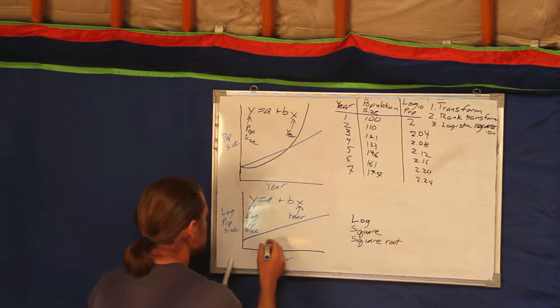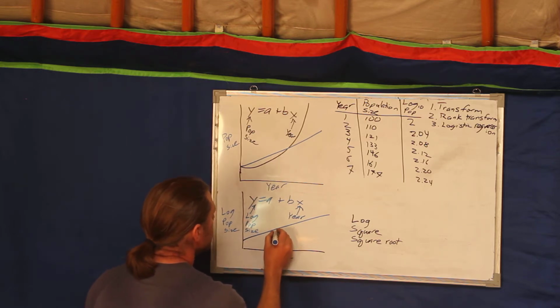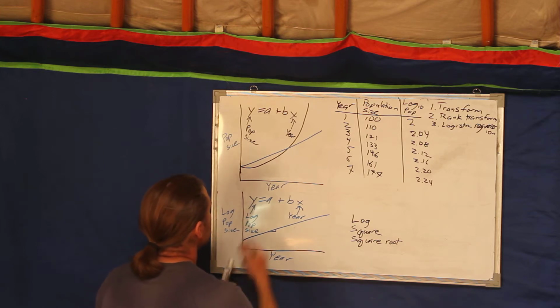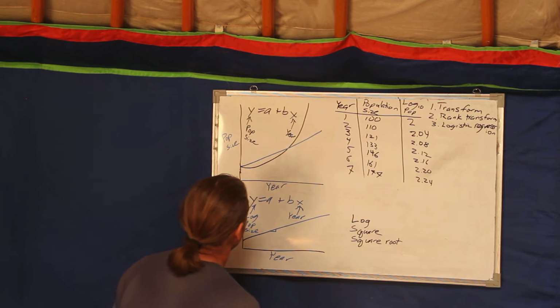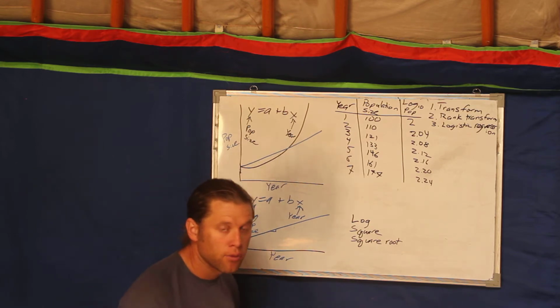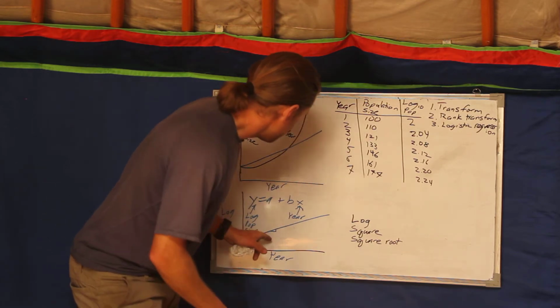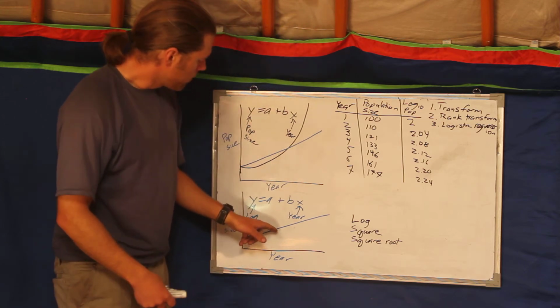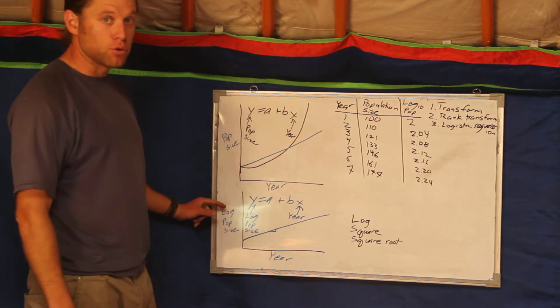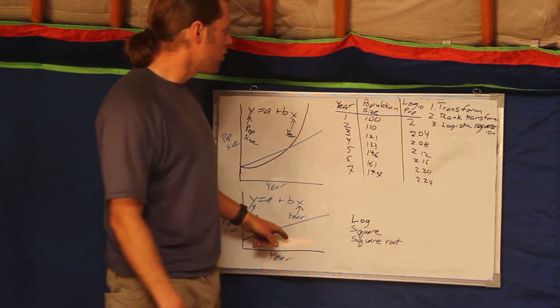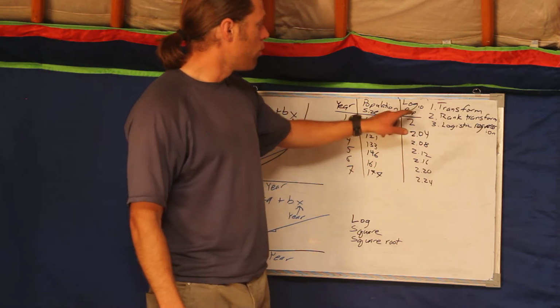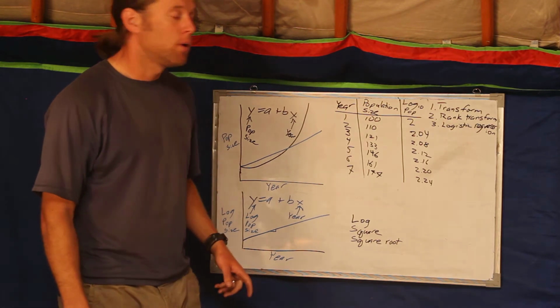So that means that the slope here means that in 1 year you grow this many animals, you grow by this population size. In this one, for every year you grow by this much of log population size, so 0.04 log 10 population size.